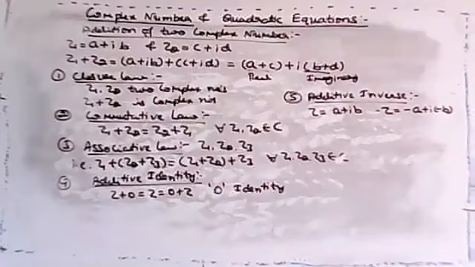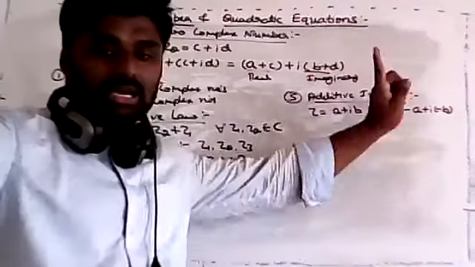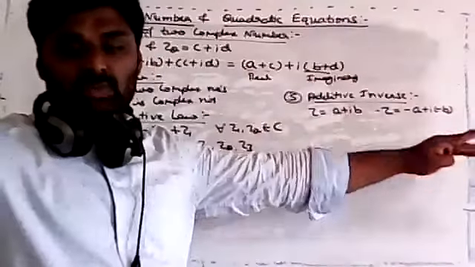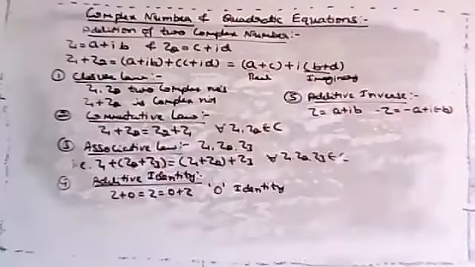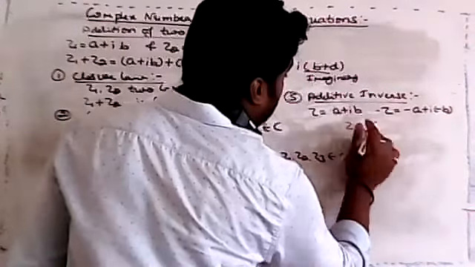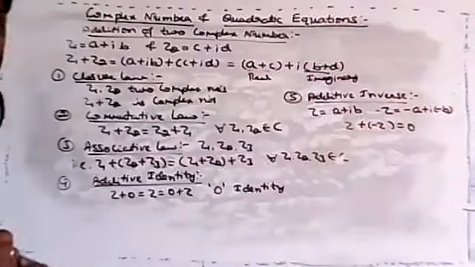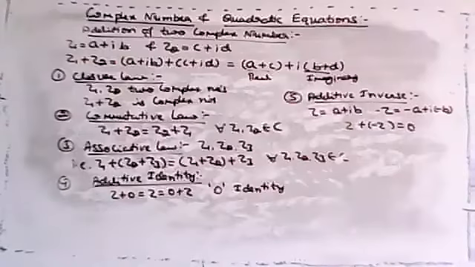We have to take the negative, not the reverse. Additive inverse means Z minus Z is 0, so we write Z plus of minus Z is equal to 0. Clear? Any doubt on this one?